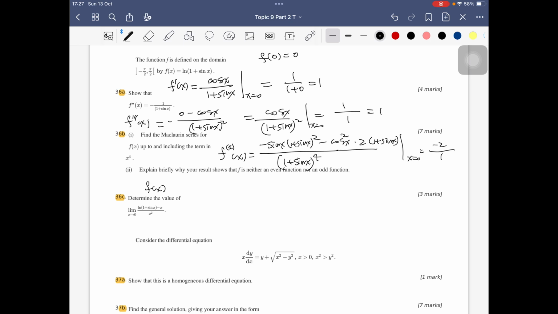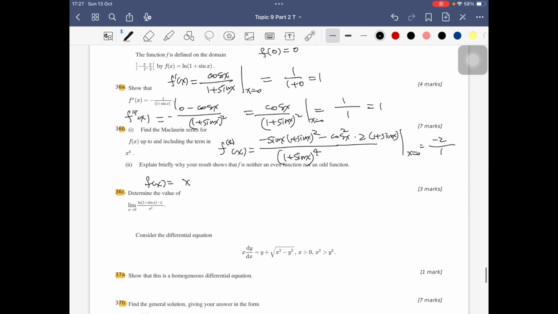So now f of x becomes x minus x squared over 2 factorial plus x cubed over 3 factorial minus 2 x to the power of 4, blah blah blah. So this is the f of x.